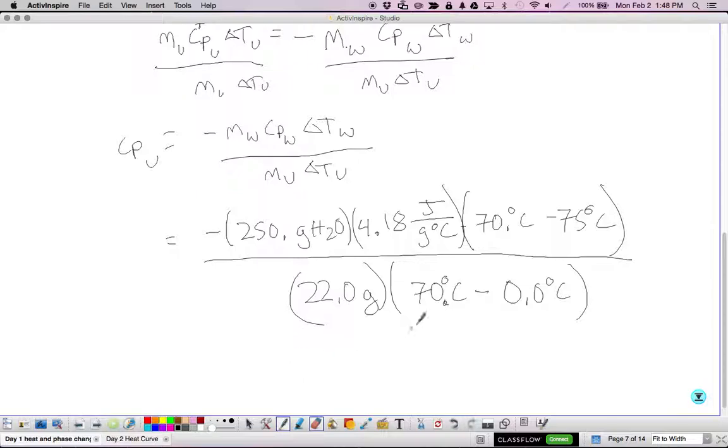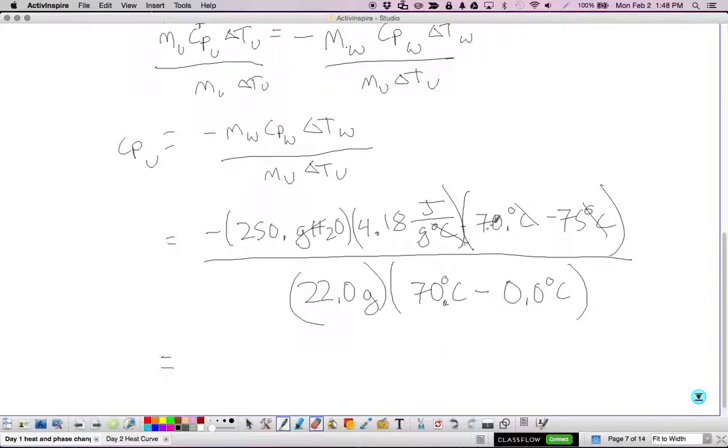Okay? And you calculate all this stuff out, and you get 3.39 joules over grams degrees Celsius. All right, let's show that. Grams of H2O cancels, degrees Celsius cancels with these, and then I get joules over grams of the unknown times degrees Celsius of the unknown.